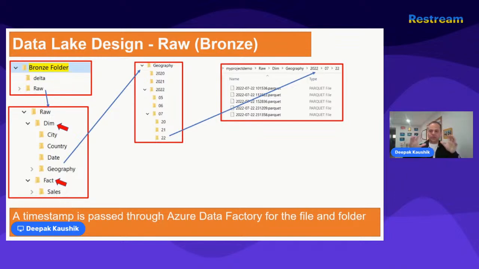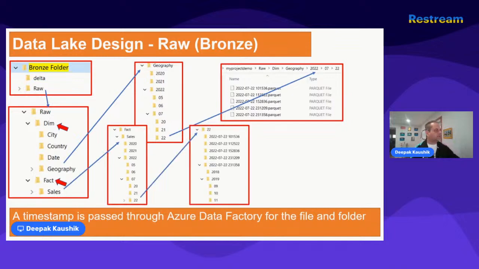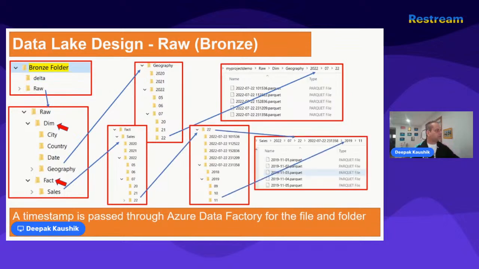Though at the front end we see a relational table, at the back end where it is stored, it is in a compressed file format, and that we need to understand. For example, if I have to read this file, it means, okay, 11th of January 2019, this is saved.